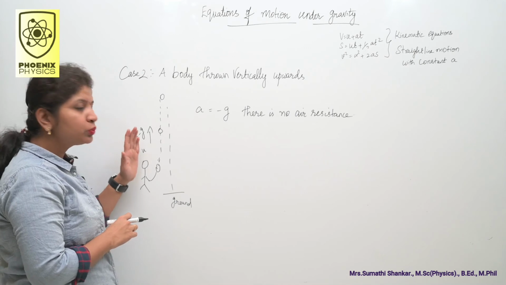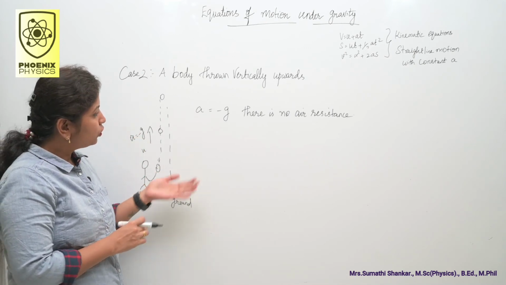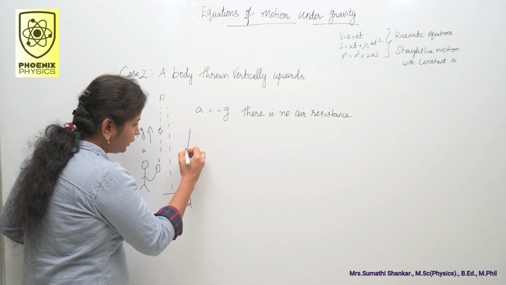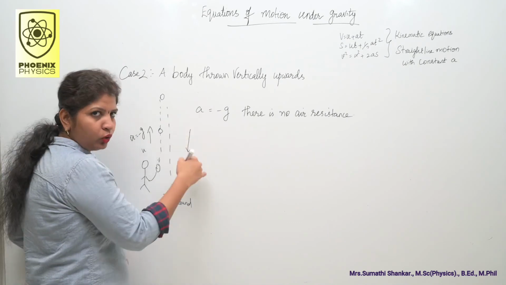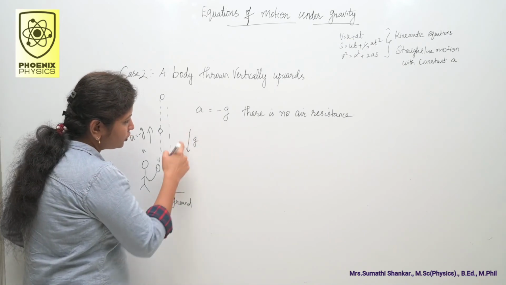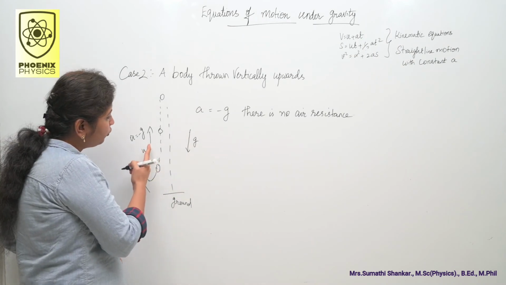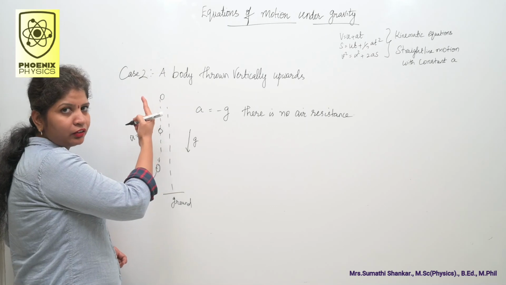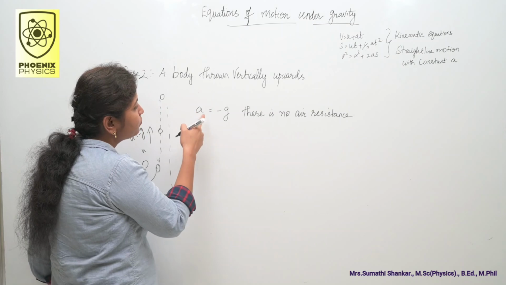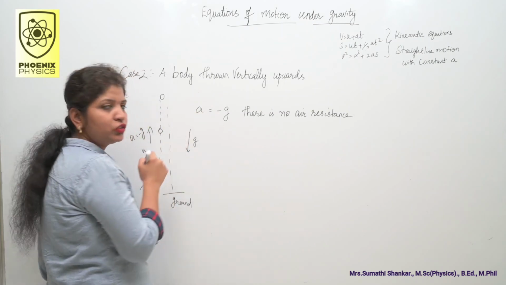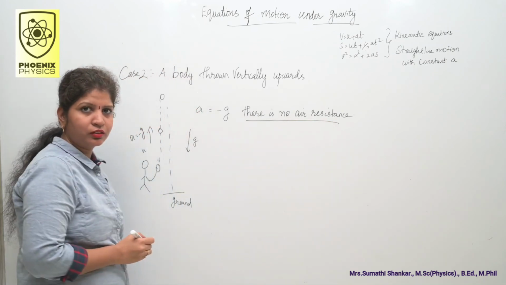The earth's gravitational force always acts downwards like this. This is our gravitational force direction. But here the object is moving against the earth's gravitational force, so we are denoting a is equal to minus g. An important condition is that there is no air resistance.